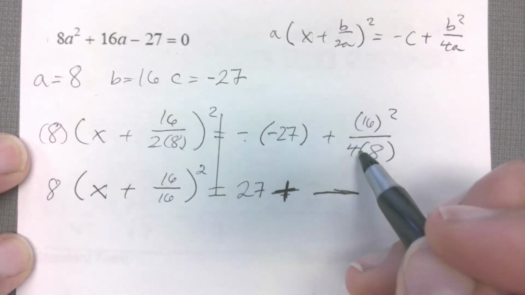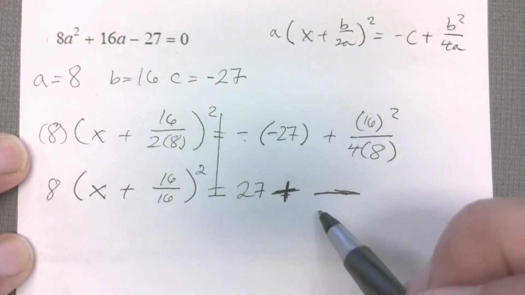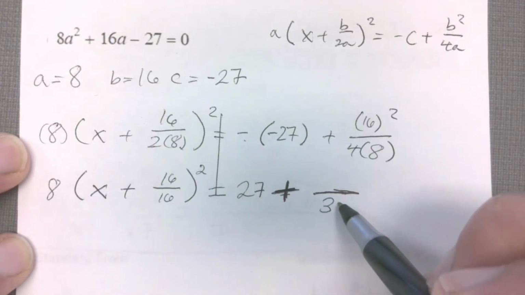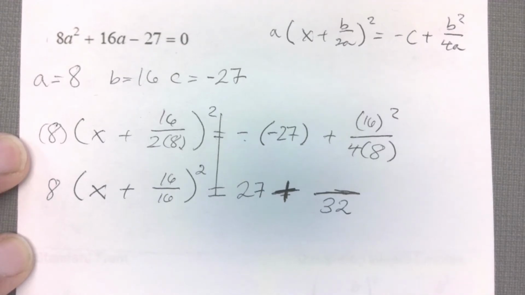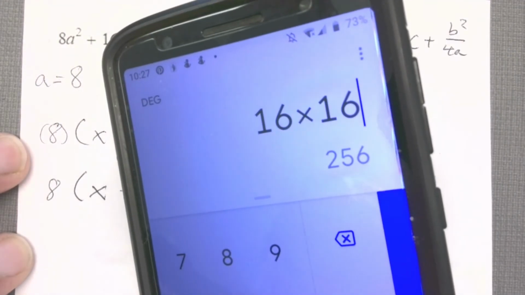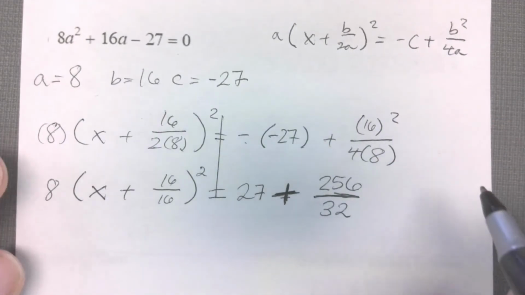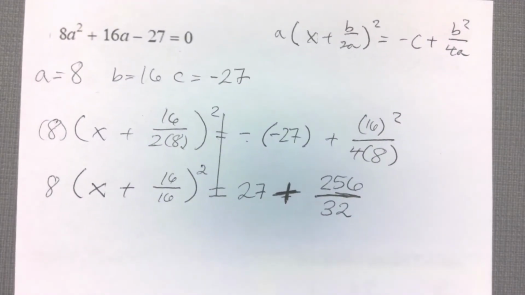Do you guys know what 4 times 8 is? 36. Actually, sorry, 32, yeah. And then 16 times 16? 256. You guys with me so far?